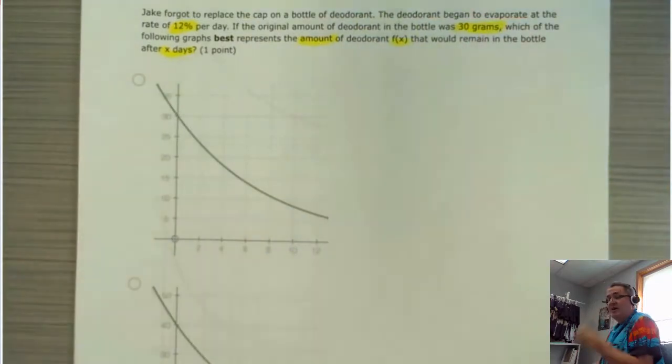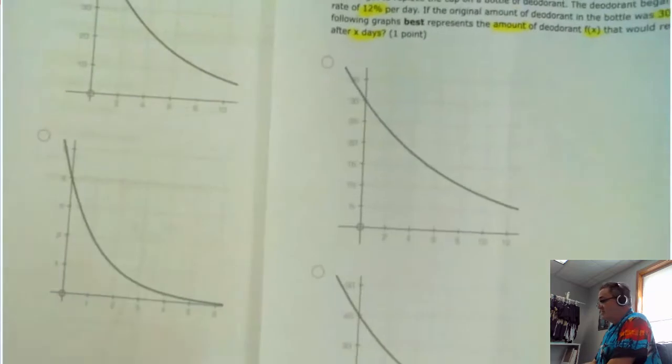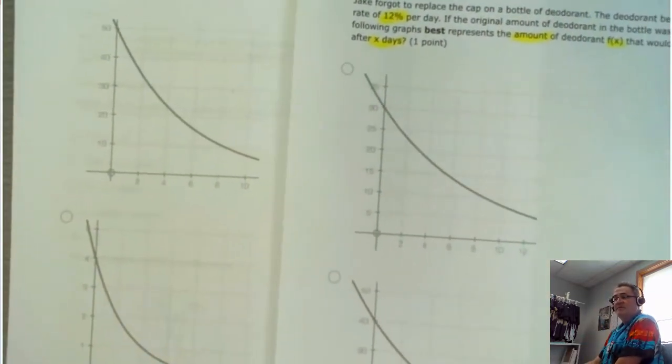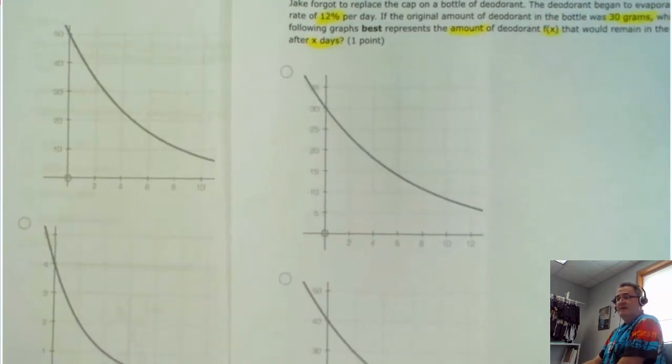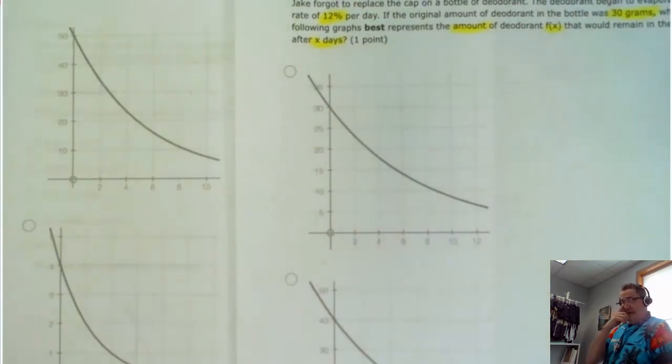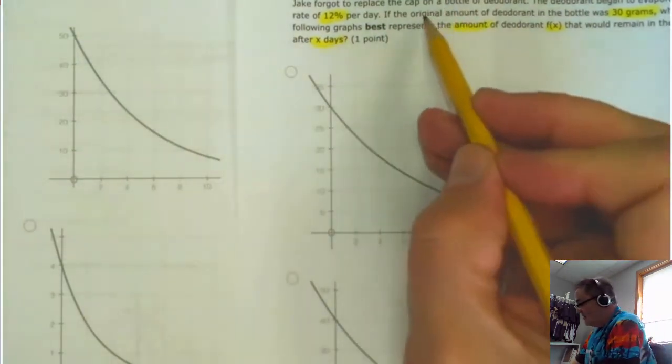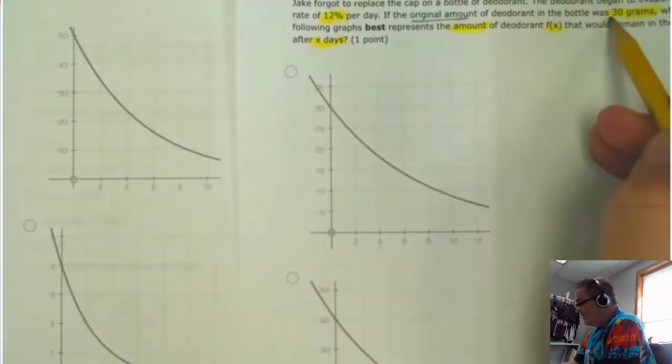Okay. So let's look at our options. They gave us 4 different graphs here. Let me put them side by side. Okay. Which of the following best represents it? Well, the easiest way to look at that is what did it start with? The original amount. 30 grams.